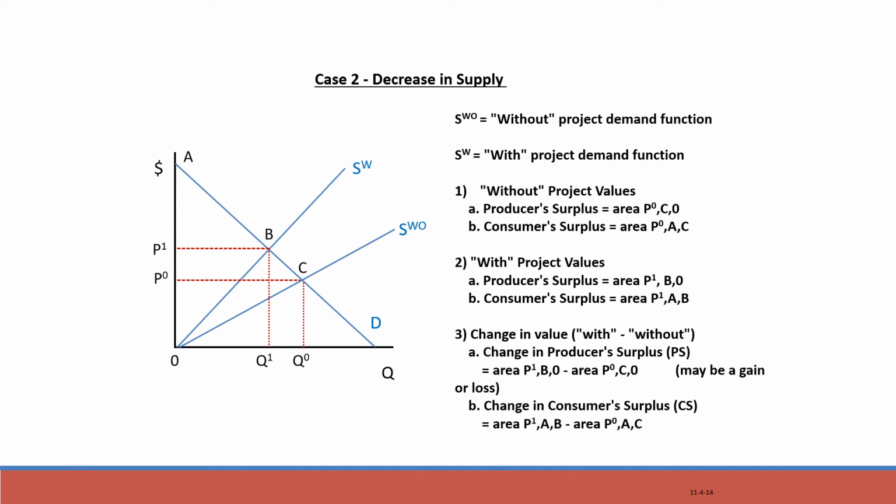Change in consumer surplus is the area of P1AB minus the area P0AC. At first we have this consumer surplus and this producer surplus. Then as a change we have a new consumer surplus and new producer surplus, and we can see the loss area is P0P1BC.